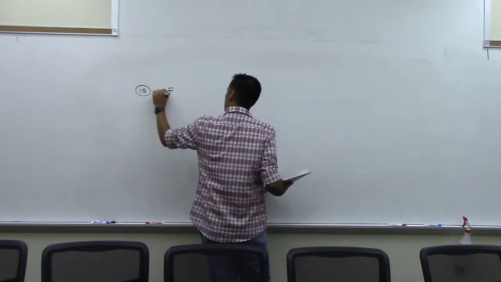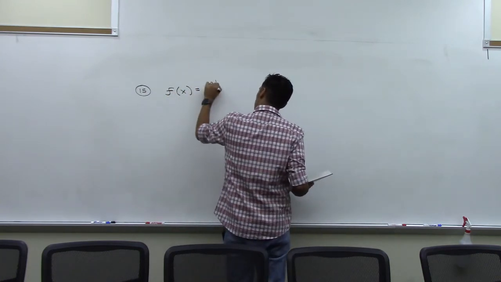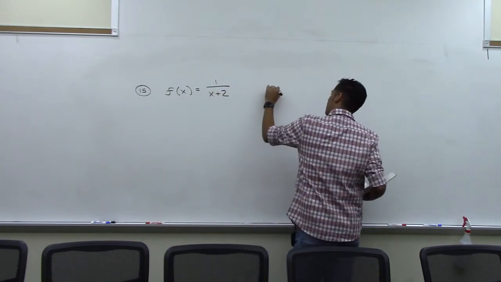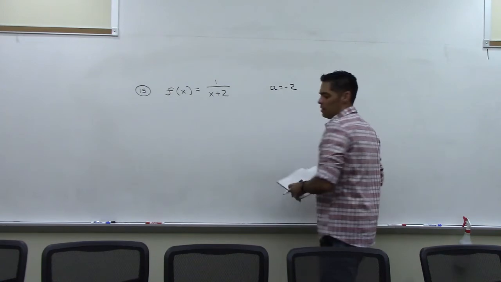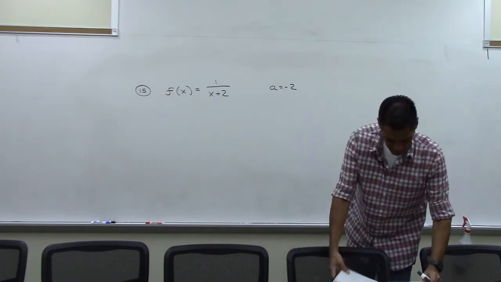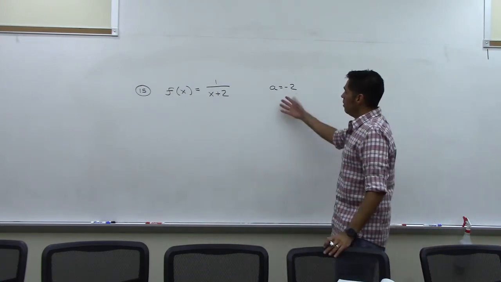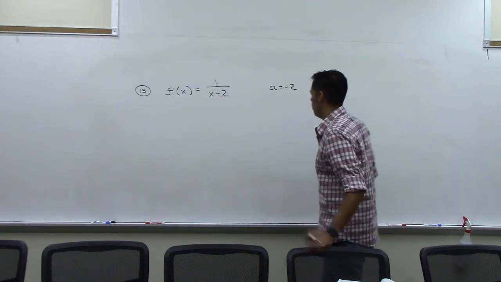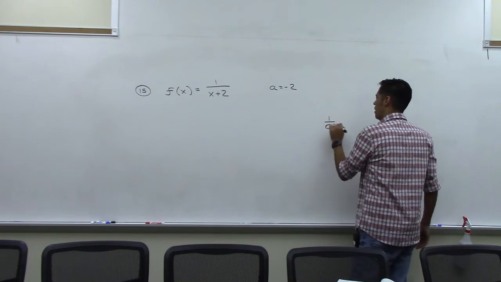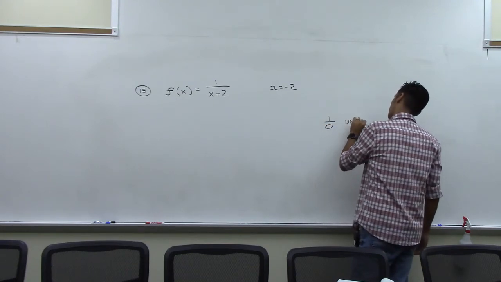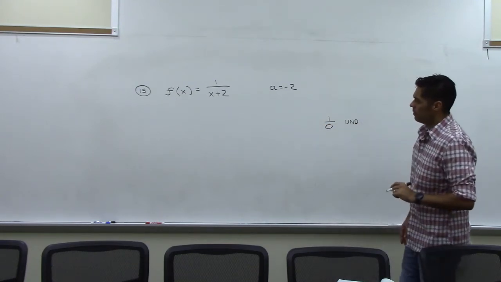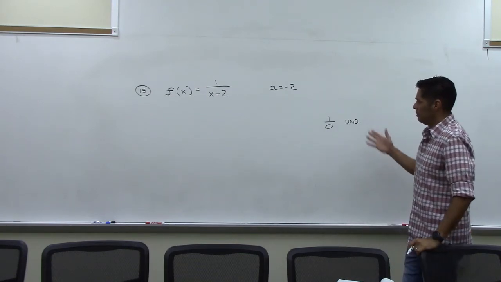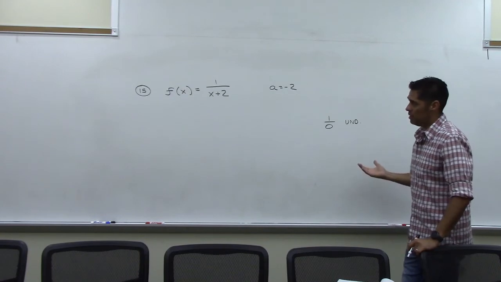So we have f of x equals 1 over x plus 2. And they're giving us the point a equals -2. So explain why the function is discontinuous. Well, if I plug in -2 here for x, I'm going to get 1 over 0. That's undefined. So since the function is undefined at -2, there's no way it can be continuous, right?